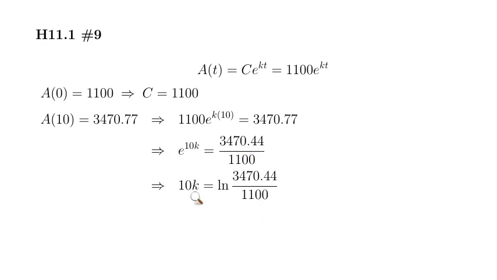Then all you have to do is divide through by 10 to isolate k. Let's go ahead and do that, and we get this. According to a calculator, this value comes out to be about 0.11.